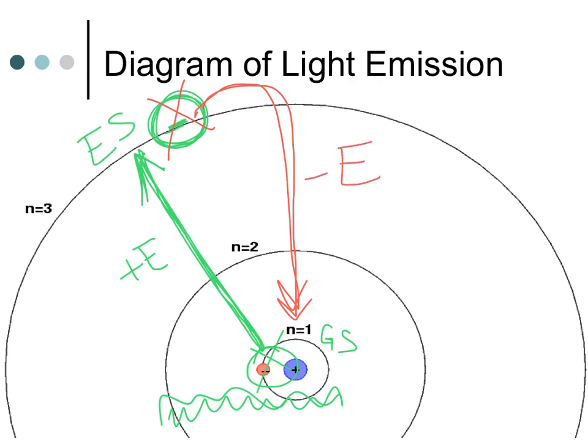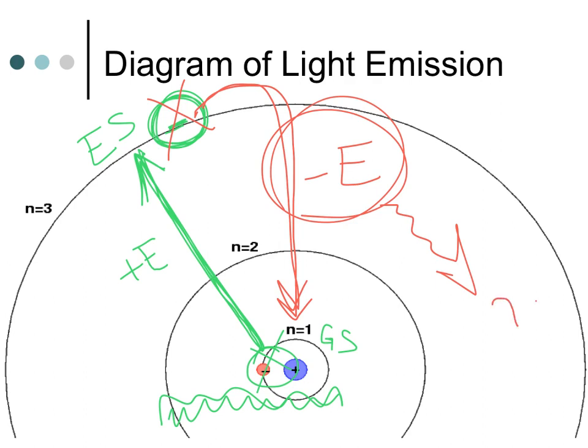So that's going to have to go somewhere. That loss of energy can't just magically disappear into thin air, right? According to the law of conservation of energy, energy cannot be created or destroyed. So that energy has to go somewhere. It's going to be emitted in the form of a photon.